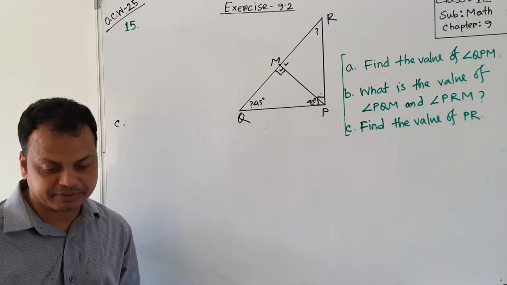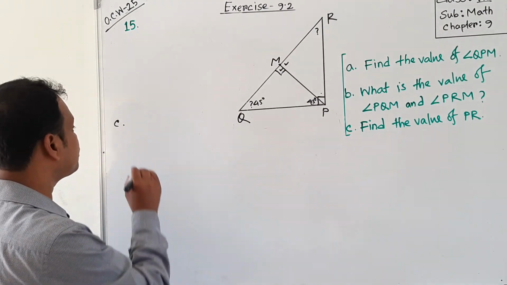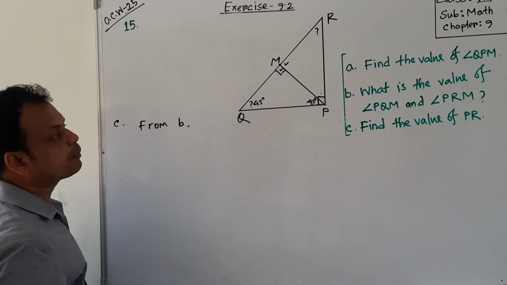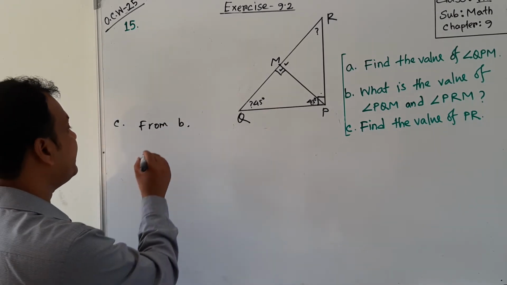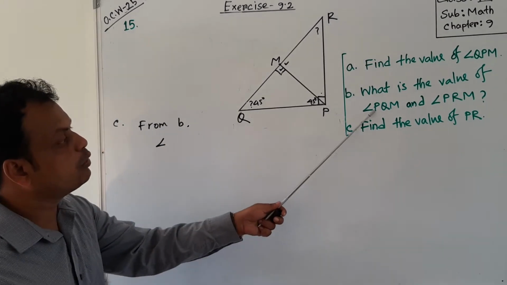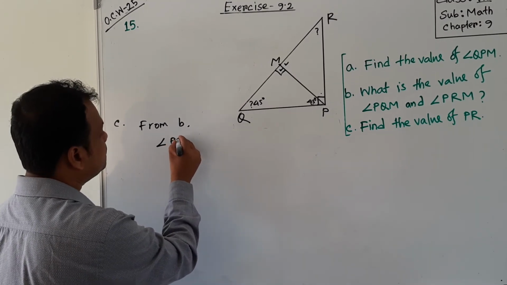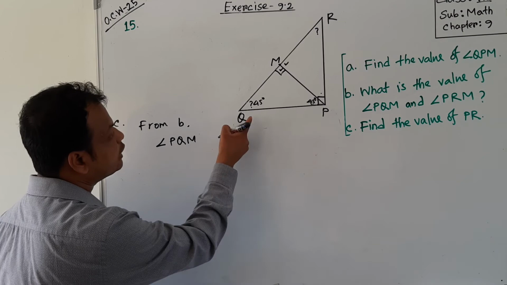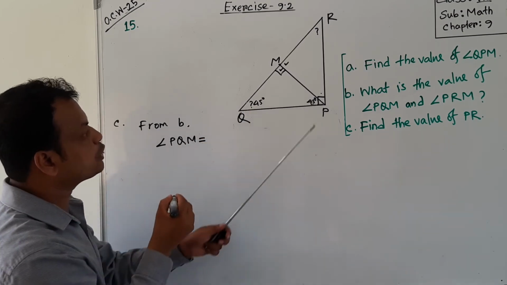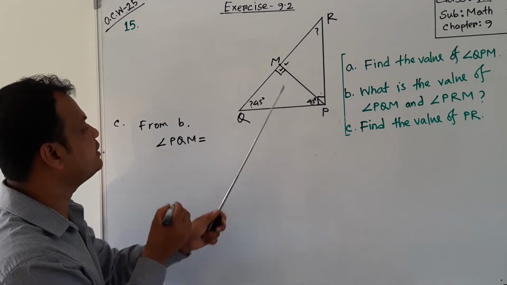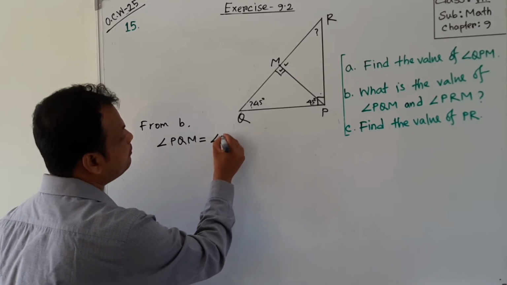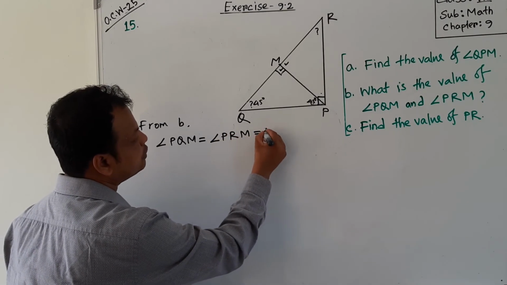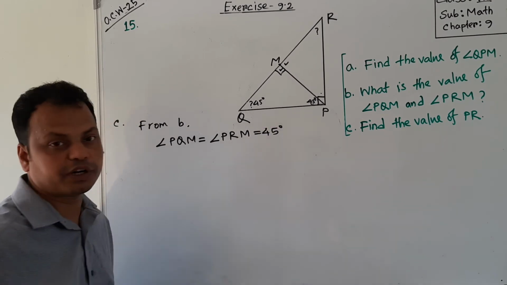So we'll start from B. From B we have got angle PQM equals 45 degrees, and PRM equals 45 degrees.